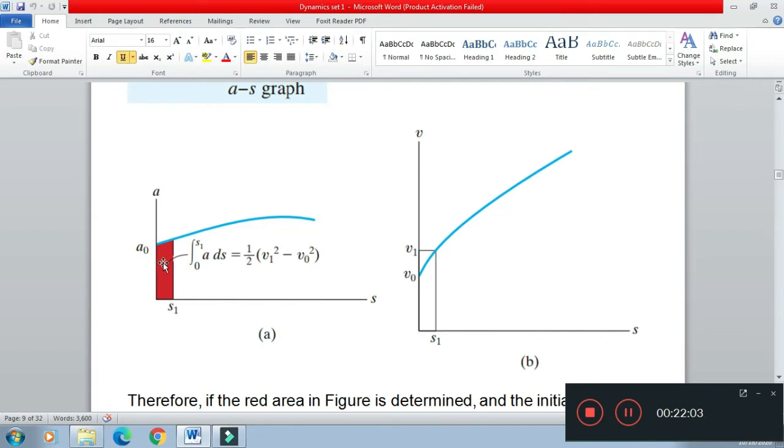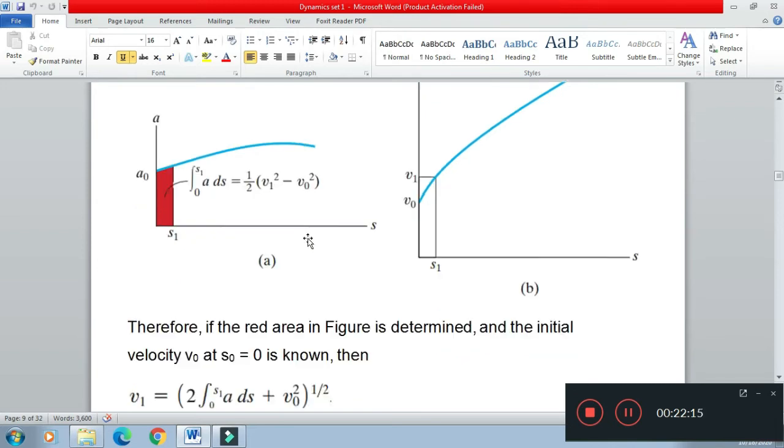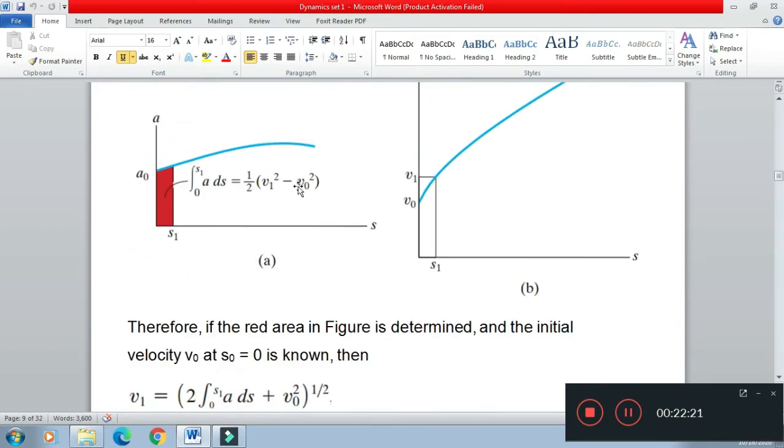Suppose ds is 1 and acceleration is 5. The multiplication will give the change in half v1 square minus v0 square. Again we assume that v0 is given. So when v0 is given we can find v1. So here we will not directly have the change in velocity, rather we will have the change in half v1 square minus v0 square.